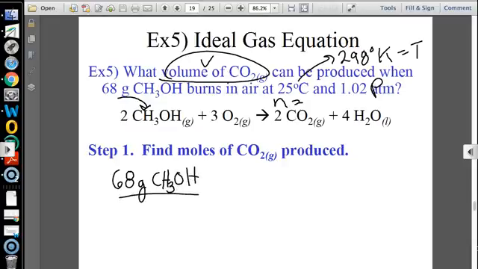Go to your palm first, go to moles, and then go to your other palm for the other moles.